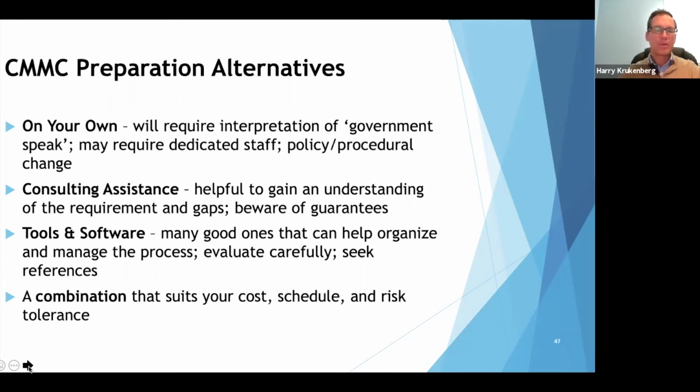For most people and most organizations, a combination is probably most appropriate that suits your tolerance for cost, schedule, and risk. So do some of it on your own, hire some of it out, purchase the right tools or hire the right consultant with the right tools, and you can come up with a solution that is the best fit for you. Next slide.